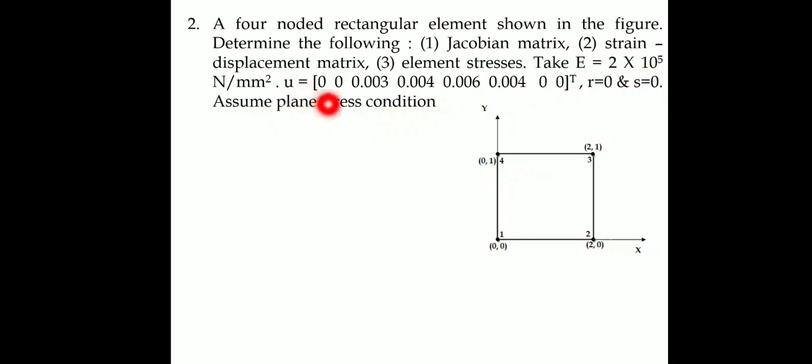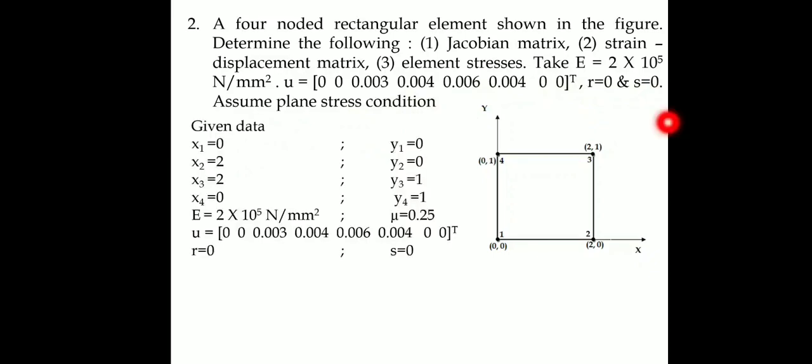U is equal to the matrix 0, 0, 0.003, 0.004, 0.006, 0.004, 0, transpose. That is, this is a column matrix, and r equal to 0, s equal to 0. Assume plane stress condition, and the given data are as below. From the figure you can write all these values. At node 1, x1 equal to 0, y1 equal to 0.